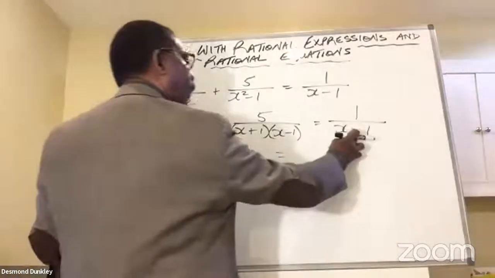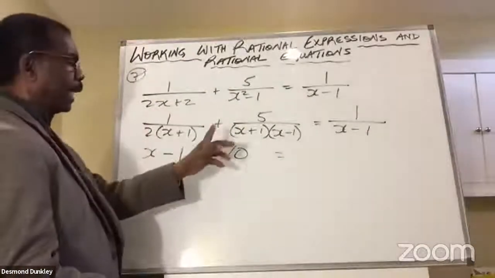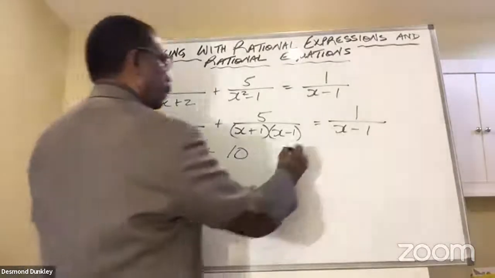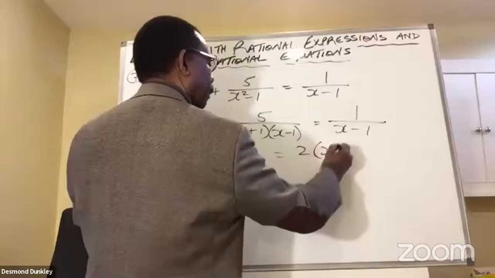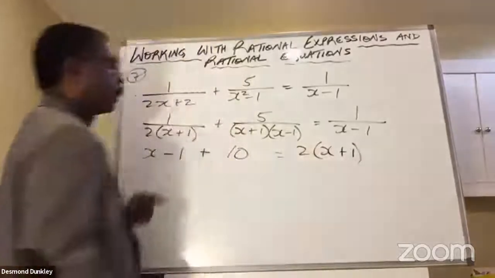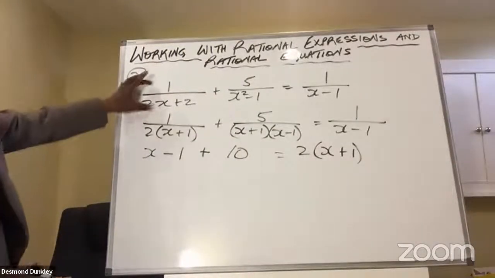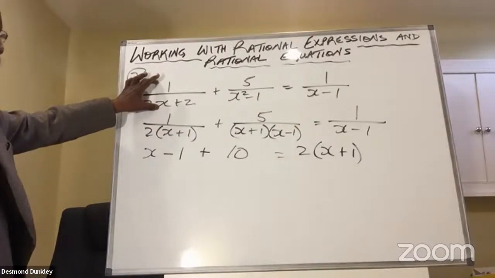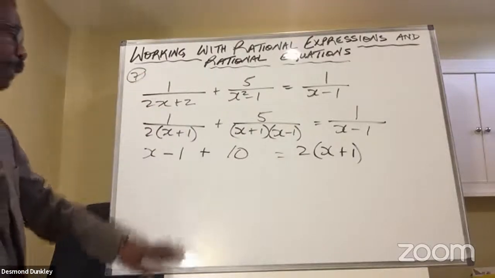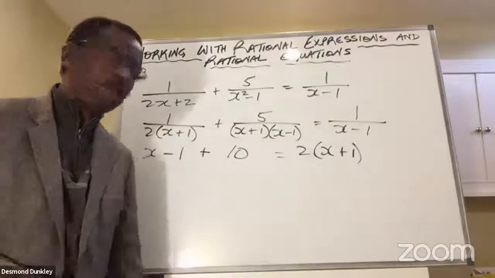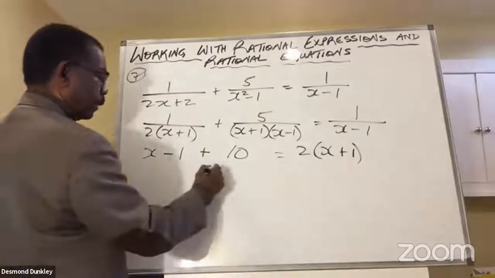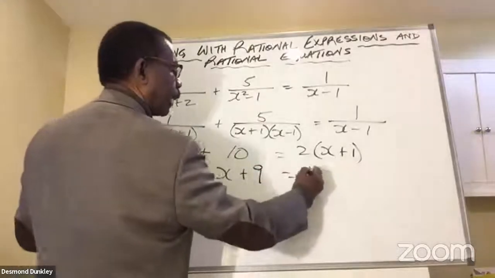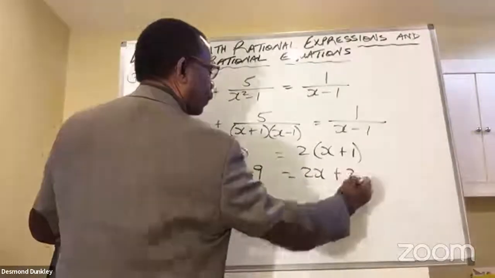When I multiply all of this, the x minus 1 cancels the x minus 1, and I end up with 2 times x plus 1. So look at what we have. We transformed this complex looking rational equation into a very simple linear equation. So this becomes x plus 9 equals 2x plus 2.